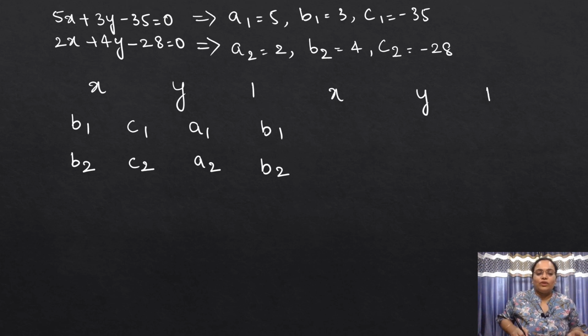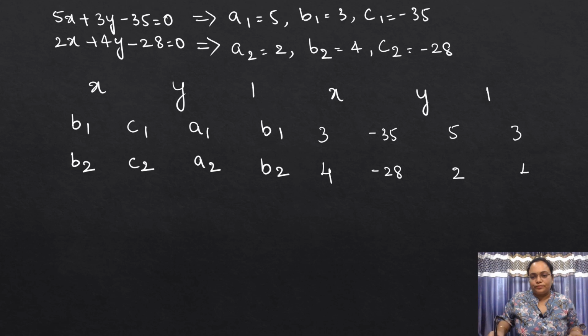So we know the values for a1, a2, b1, b2 and c1, c2, right? So let us write it here. What is b1 and b2? 3 and 4. c1 and c2 is minus 35 and minus 28. a1 and a2 is 5 and 2. And then b1 and b2 is 3 and 4. Okay, so we need to cross multiply.